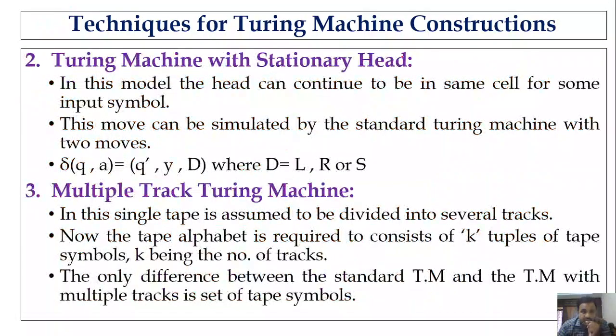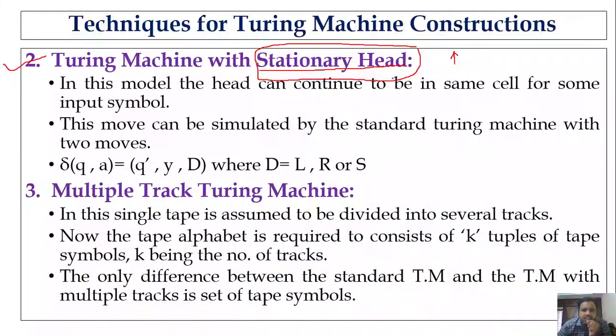Next one, Turing machine with stationary head. Till now, in the Turing machines that we have constructed, we used to move the head either towards left or right. Here we have another technique where we can construct a Turing machine whose head can be stationary. That means it may move towards left or right, or it may not move.